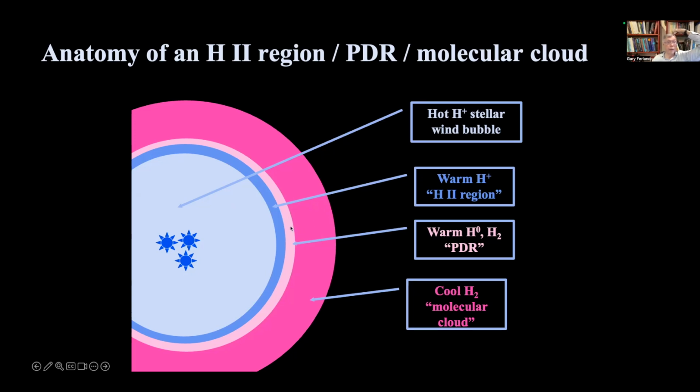Here's the PDR. PDRs have temperatures of about 1,000 Kelvin, and they're atomic. So as you go from the molecular cloud to the PDR, the particle density goes up by a factor of two. One molecule becomes two atoms. The temperature goes up by 10, so the pressure goes up by 20. And then here's the H+ layer. The pressure goes up by another factor of 20 because one hydrogen atom becomes an electron and a proton, and the temperature goes from 1,000 to 10,000 Kelvin.